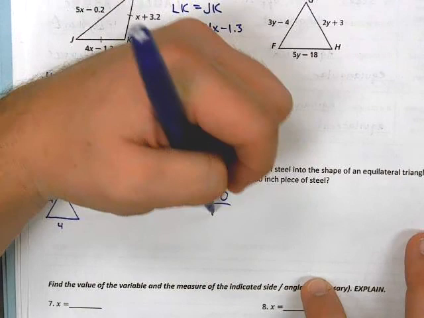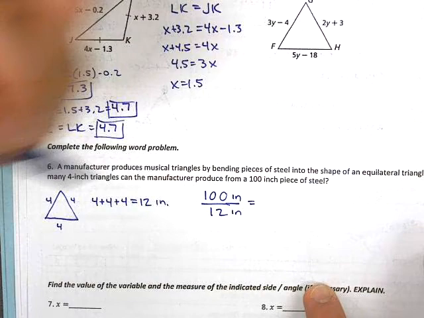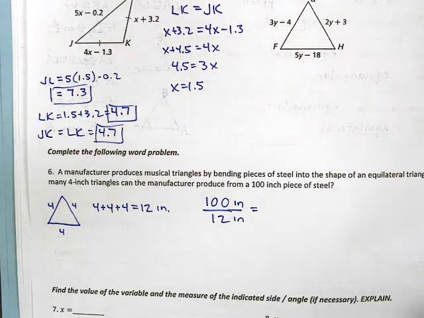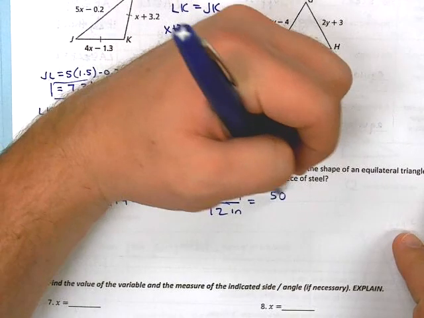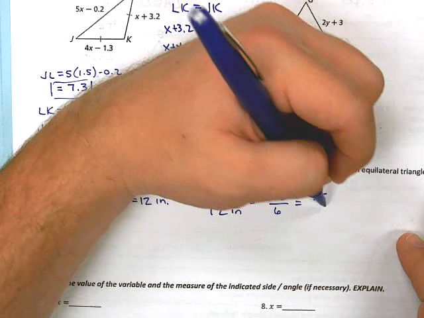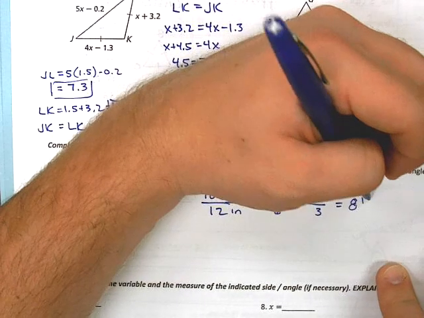Let's divide. Okay, 100 inches divided by 12 inches equals, what is that, 8.something, let's just reduce. So 50 over 6, 25 over 3 equals 8 1/3.